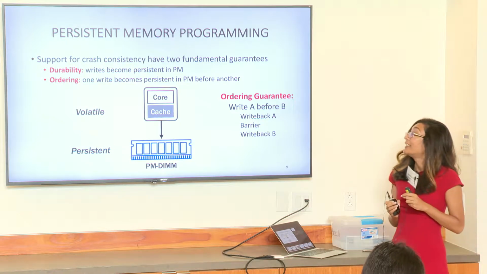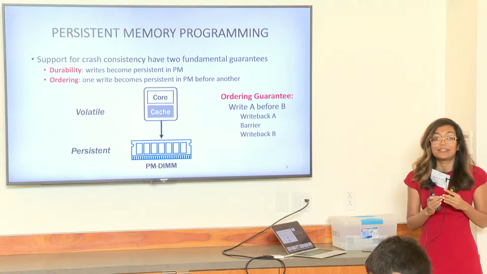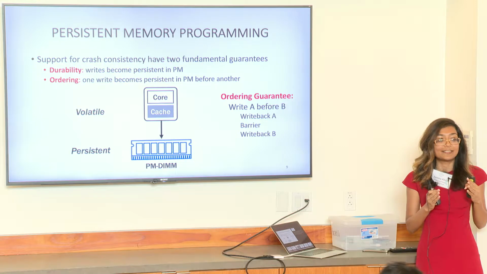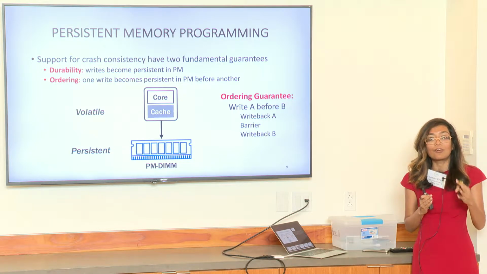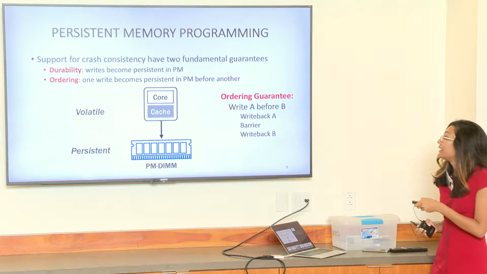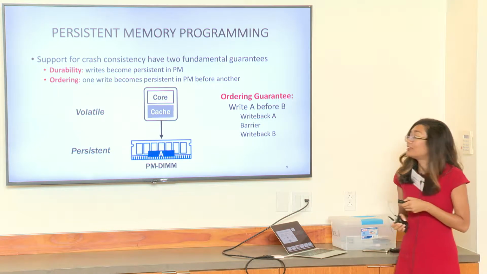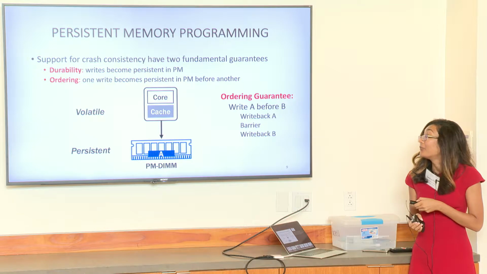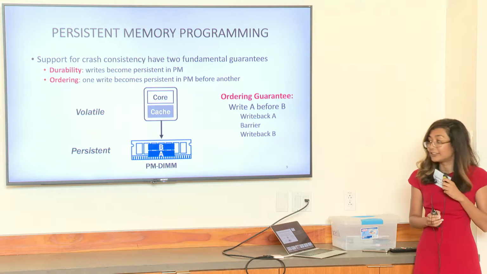And with ordering, what we mean is there has to be some method which says that a write cannot move forward before the prior write has persisted. So basically, there has to be a write back, a barrier, and only then can the next write proceed.